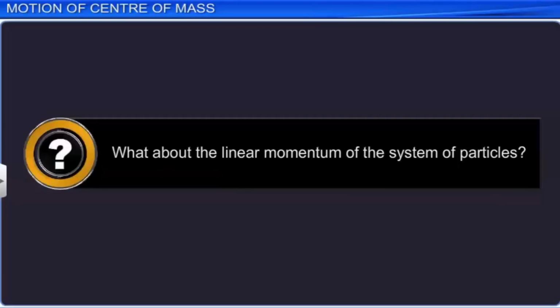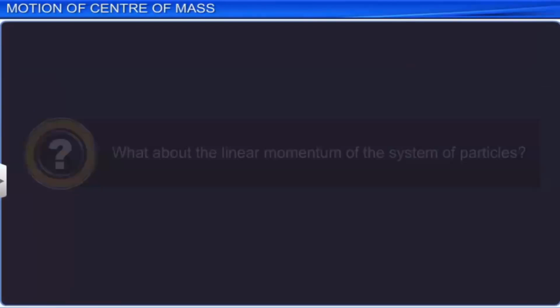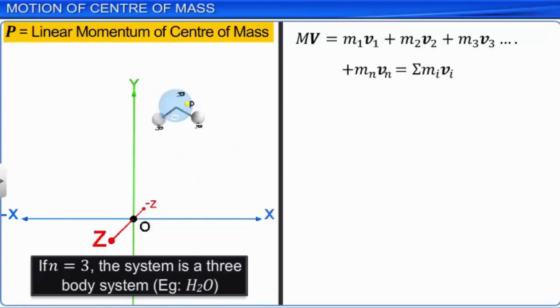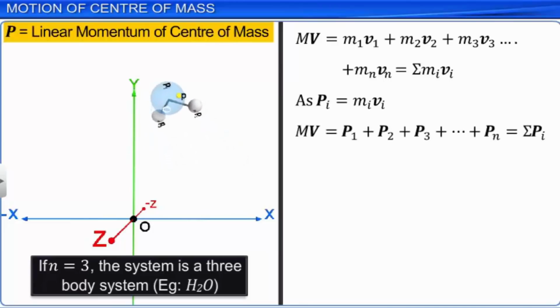What about the linear momentum of the system of particles? We know that mv is equal to m1v1 plus m2v2 plus m3v3 and so on, plus mnvn, which is equal to sigma mivi. As pi is equal to mivi, mv is equal to p1 plus p2 plus p3 and so on, plus pn, which is equal to sigma pi.